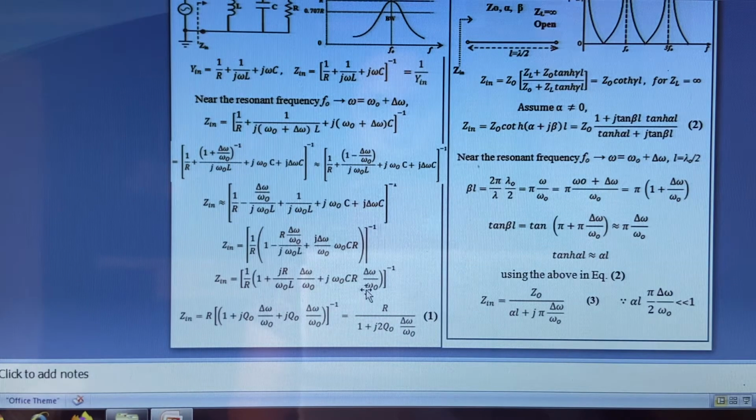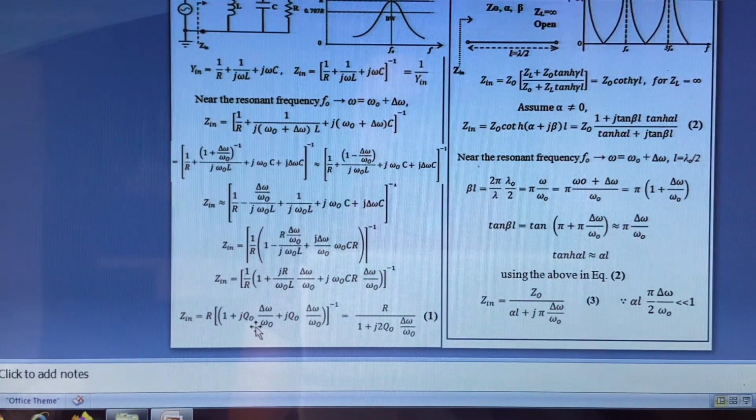In these two terms, R by omega naught L is equal to Q, the unloaded quality factor Q naught. Similarly, omega naught C R is the unloaded quality factor of the parallel resonant circuit, as we discussed in the previous topics. So we can replace this by Q naught, and similarly replace this by Q naught.